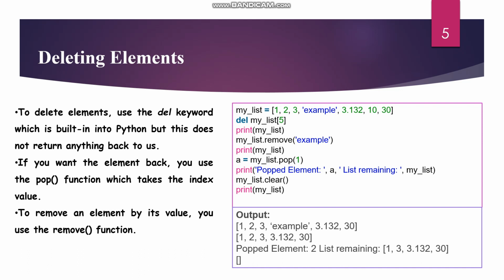If you want to take an element back, you can use the pop function, which takes the index value. For the pop method, the item is removed from the given index and the value is returned. Then comes the remove method. The remove method deletes the first matching element from the list.